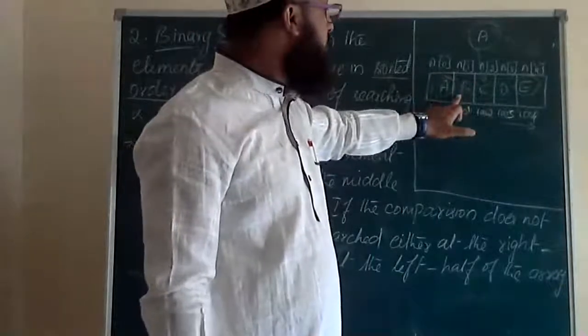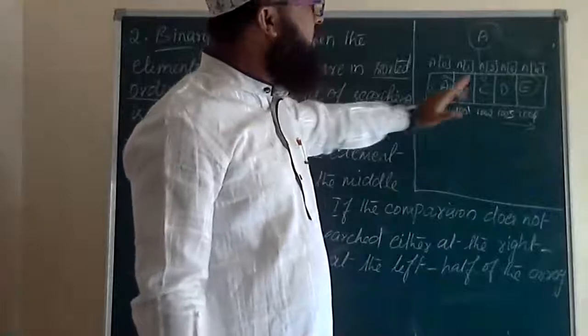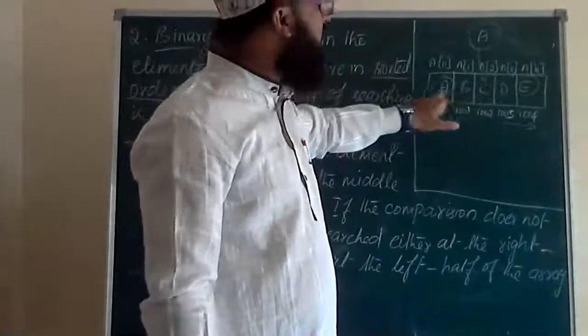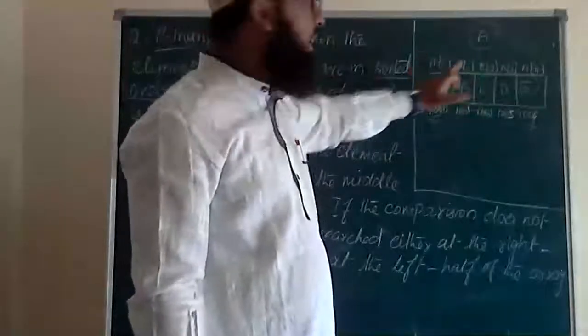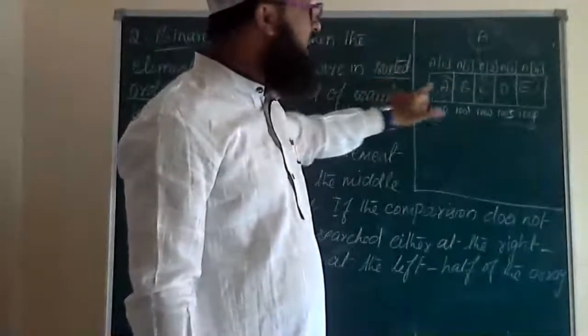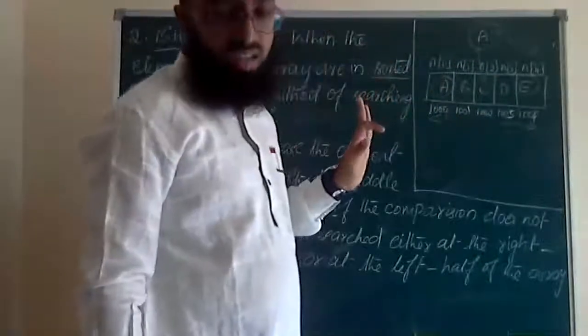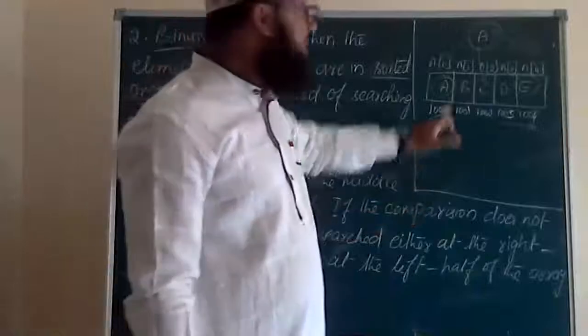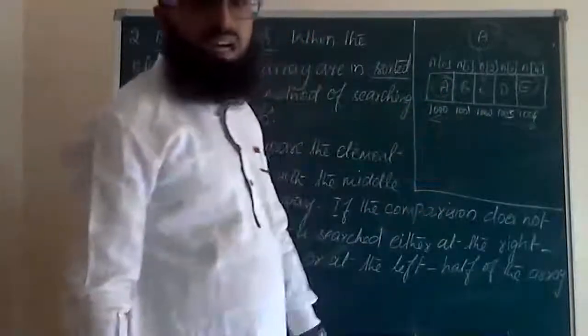It means from the middle point, the elements remaining at the left side of the array, it will start searching till it gets the answer, and finally it will get its answer as A. Hope you have understood this.